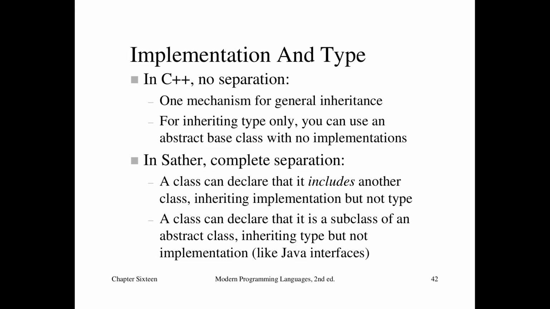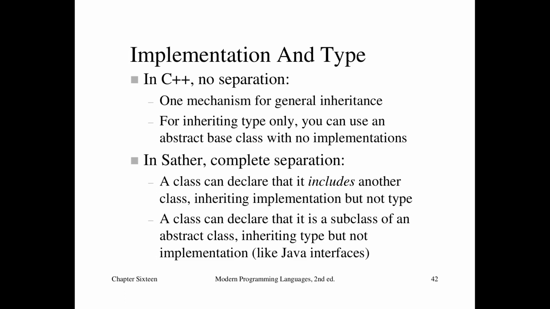But when we extend a class, we just get everything that's defined there as part of our class. On the other hand, if you want the type only, you can define an abstract base class that has no implementations, which is very similar to an interface, but not quite the same thing.